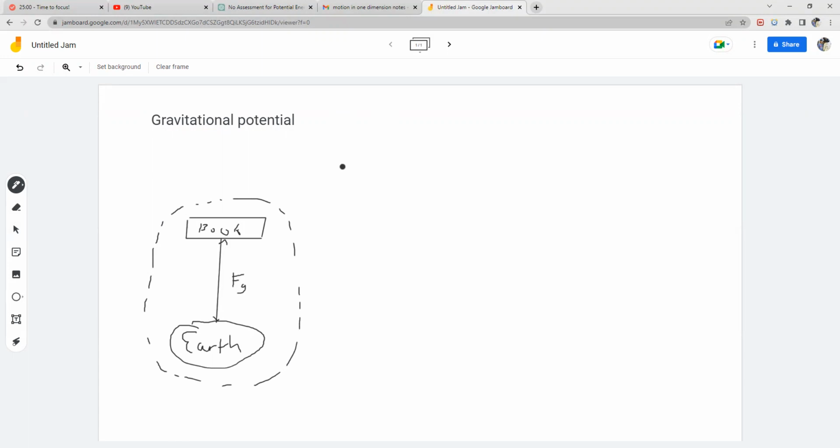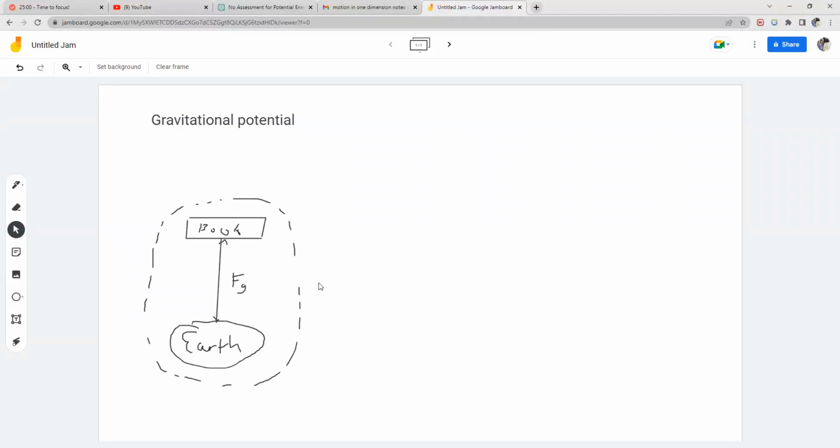According to our lesson, if we have a system of two objects where one of the objects is the Earth and the other is an object much smaller than the Earth and near the Earth's surface, and the only internal force between them is a gravitational force, we can define energy for that system known as the gravitational potential energy. So how do we do that?